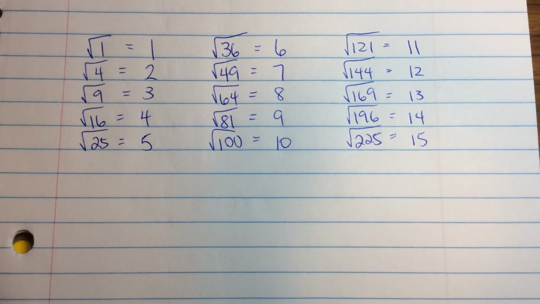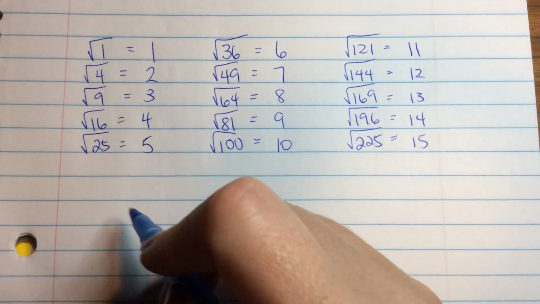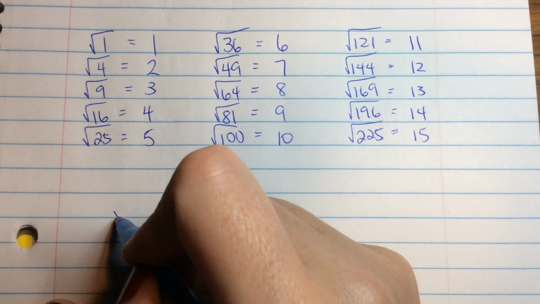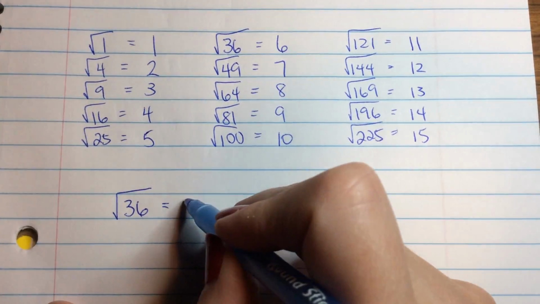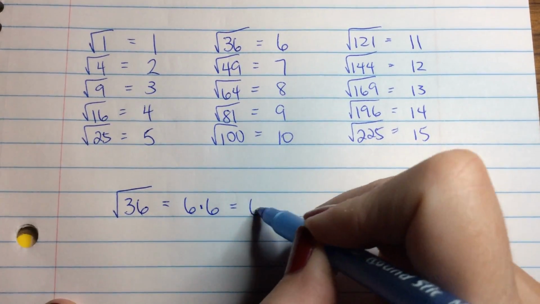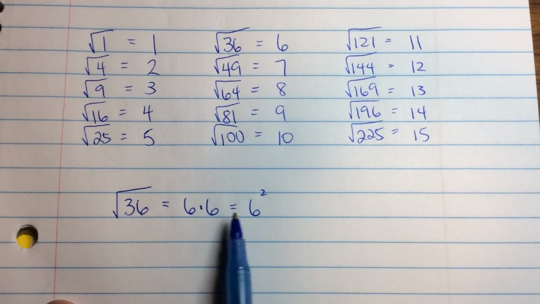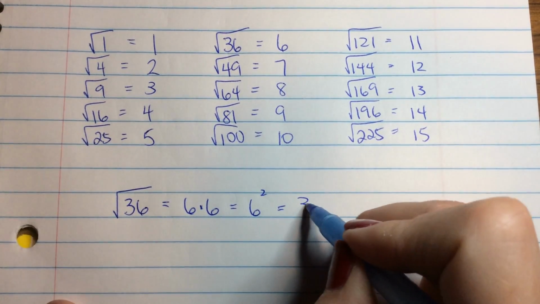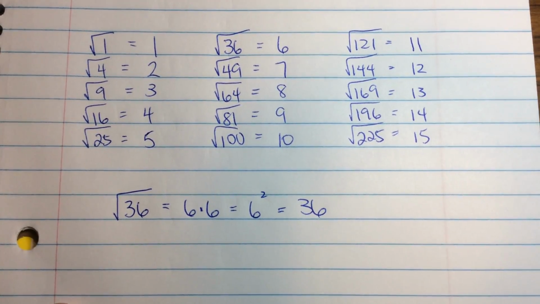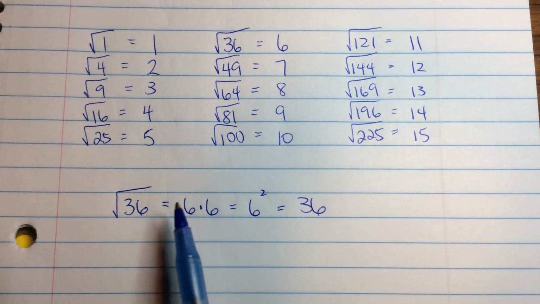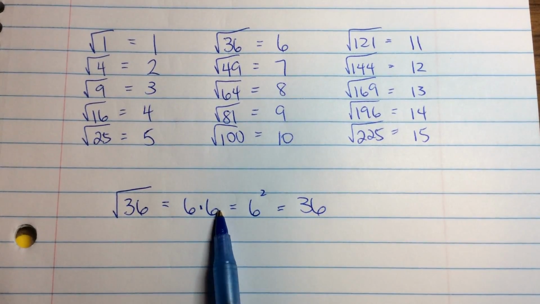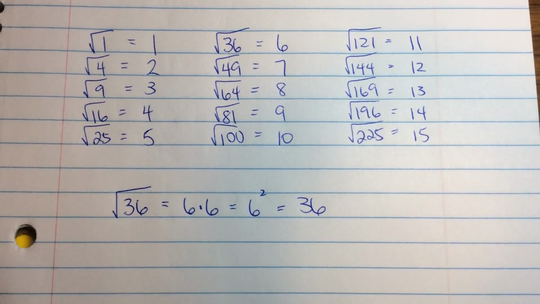Now, the reason why square roots are what they are is because, let's do 36. The square root of 36 is 6 because 6 times 6, which is 6 squared, gives me 36. So all of these go hand in hand. The square root is 6 because 6 times 6 is 36.